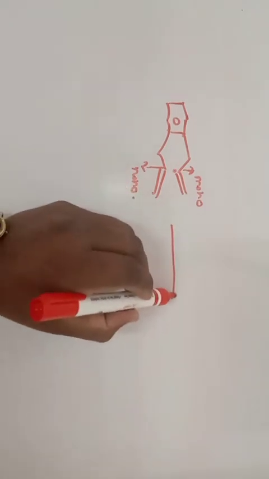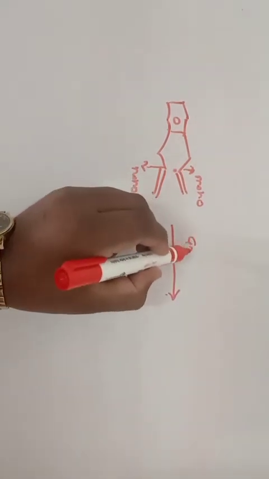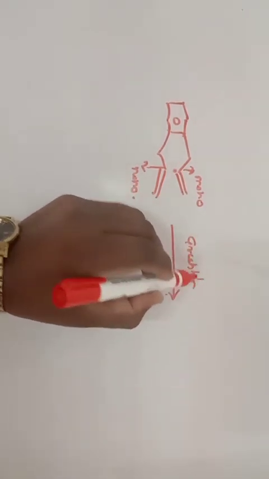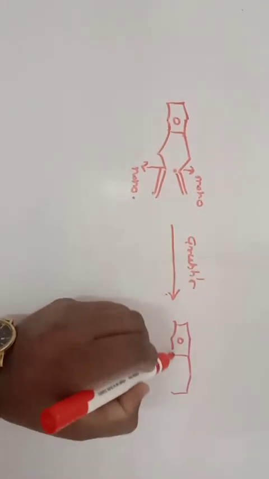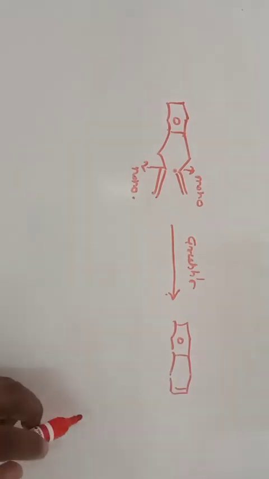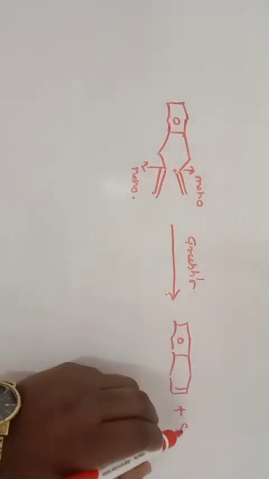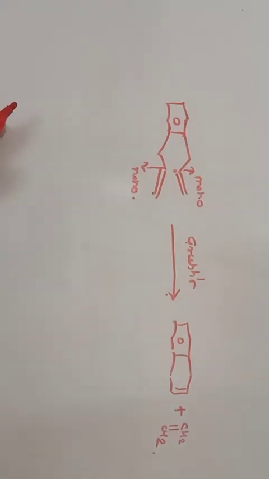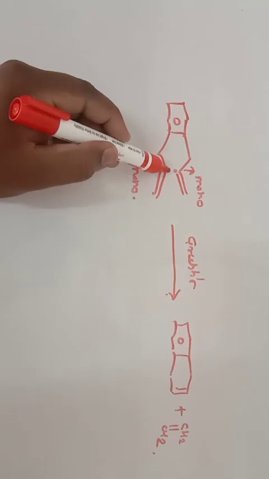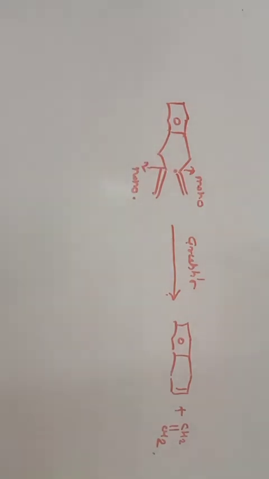In presence of Grubbs first generation catalyst, we get this product plus alkene. So whenever there is a ring closing metathesis, the ring is closed and the new pi bond is formed.